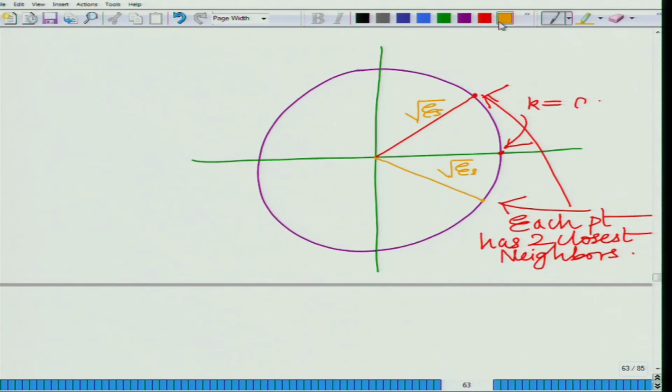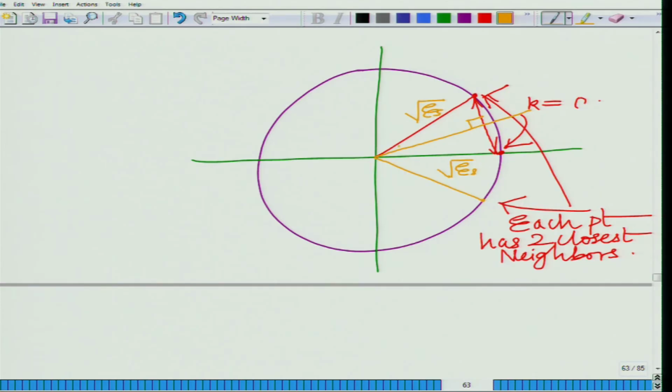Remember, this is equal to square root of Es. Let us now look at the distance d min. If I draw a line from the center to the line joining these two constellation points, it is perpendicular.